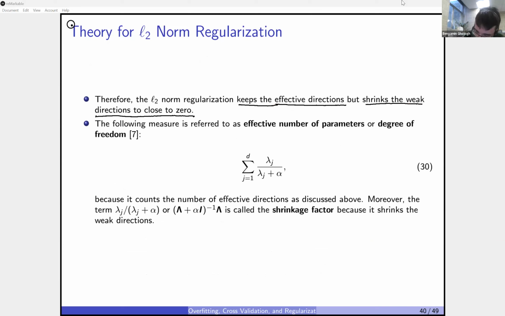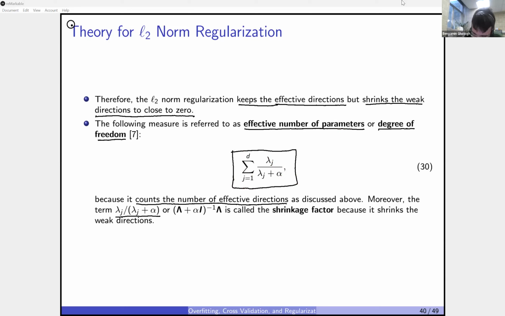The following measure is referred to as the effective number of parameters or degrees of freedom. We just talked about it: lambda j over lambda j plus alpha. Now let's sum it over all of the directions. This is called degrees of freedom or effective number of parameters because it counts the number of effective directions as discussed above.